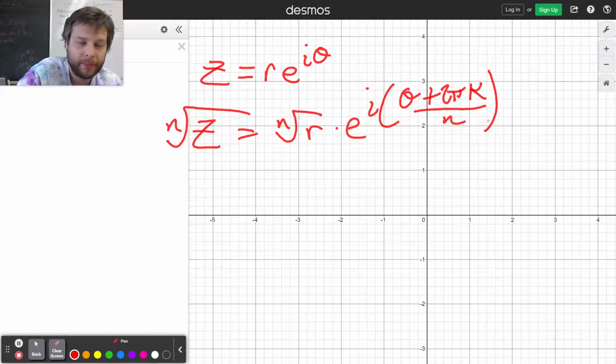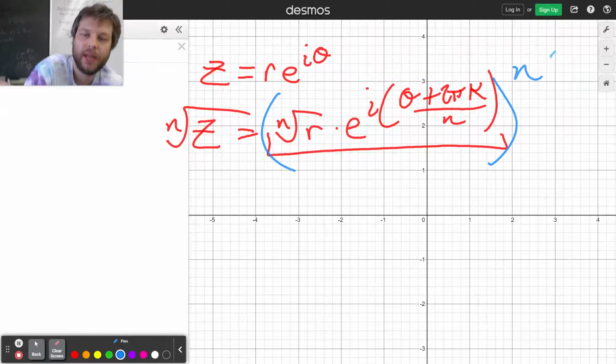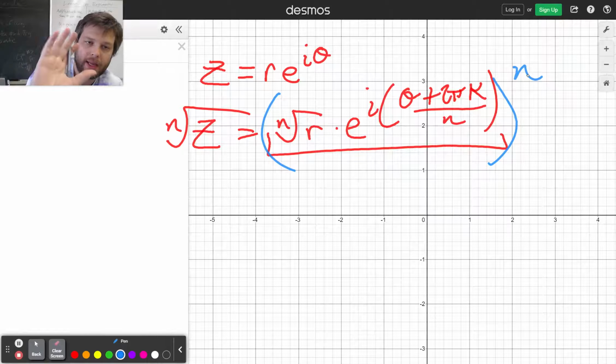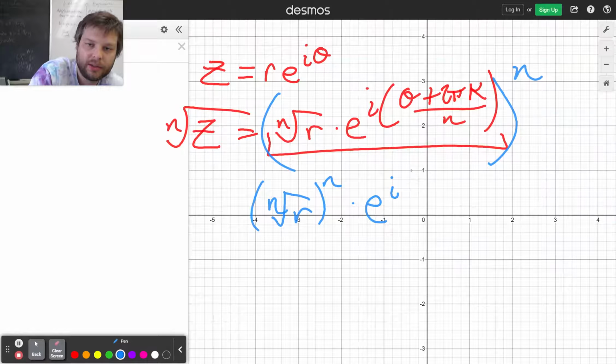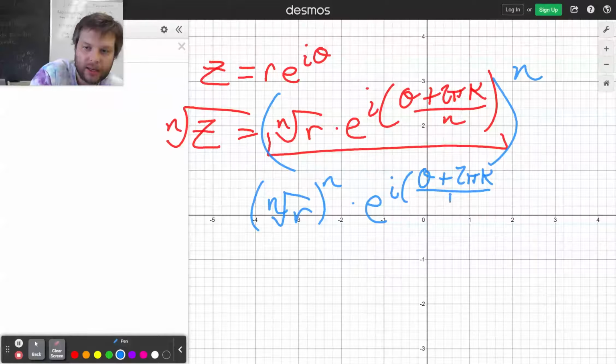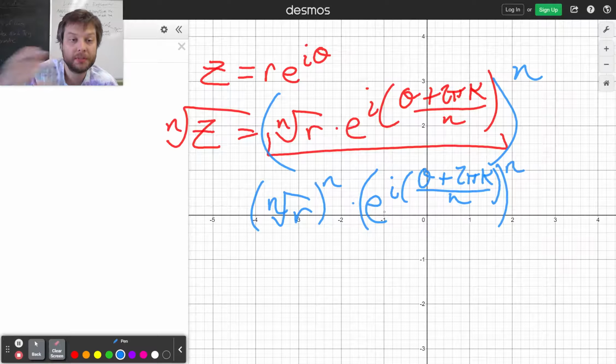And here's the proof. If I take that expression on the bottom and raise this all to the nth power, what can I do? Well, when you raise a multiplicative expression to the nth power, you can distribute that. So I have the nth root of r raised to the n, and I have all of this other stuff also raised to the n. When you have a power raised to a power, you can multiply those two powers.